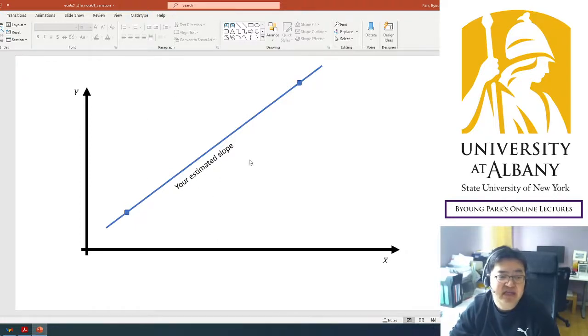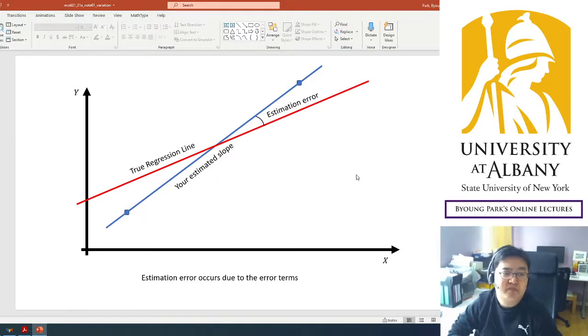And then your estimated slope is given by the blue line. And when you compare the red and the blue, you can tell how big the estimation error is. The estimation error arises because of the error term. So error happened this much, a negative error here, a positive error there. So your estimation is an overestimation.